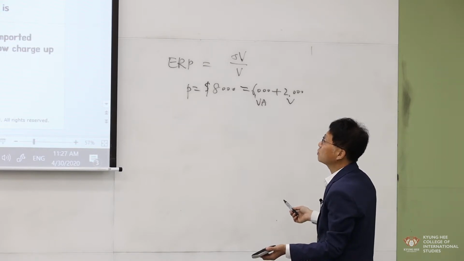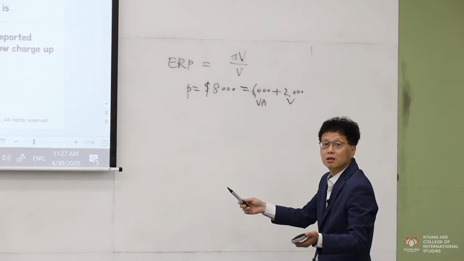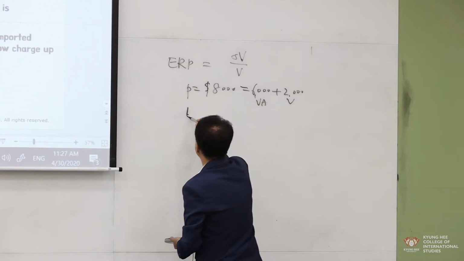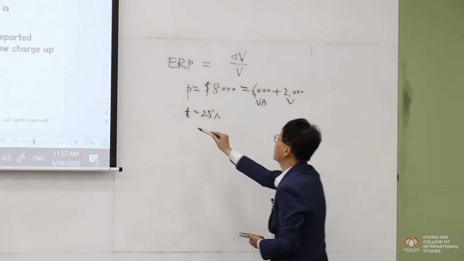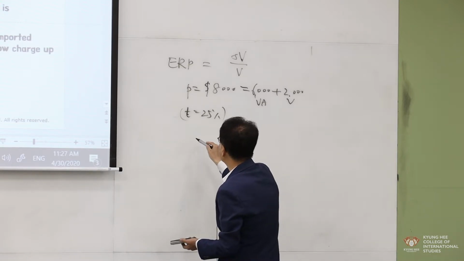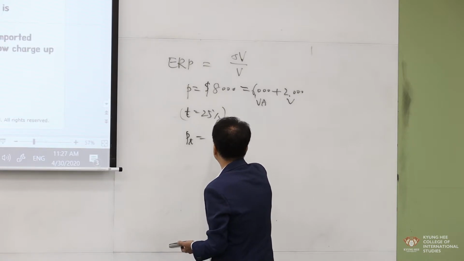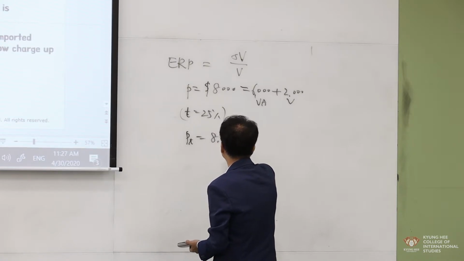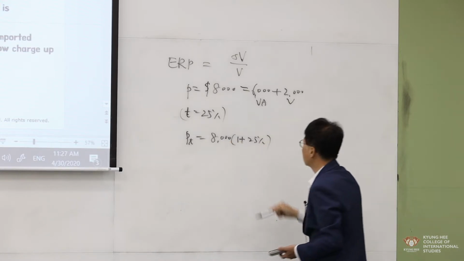Now, the country puts a 25% tariff on imported cars. The nominal rate is 25%. After the tariff, the price PT is equal to $8,000 times 1 plus 25%.